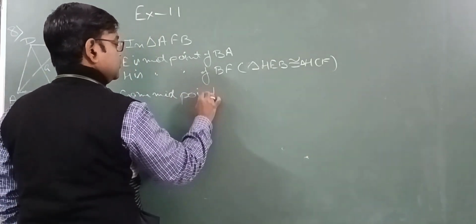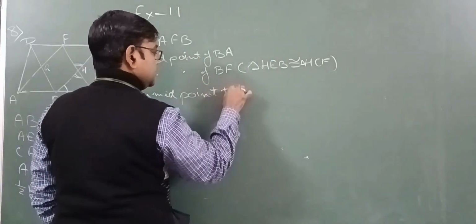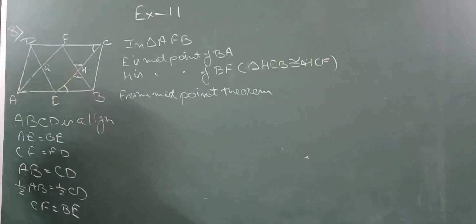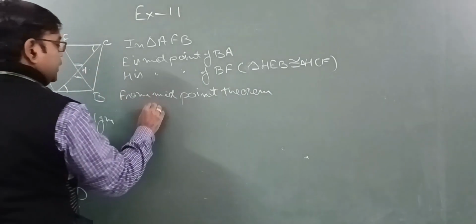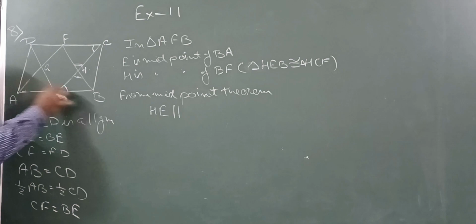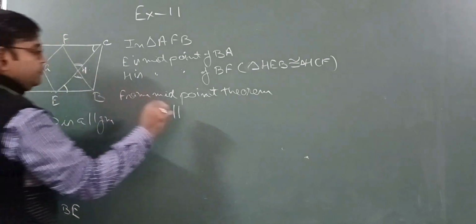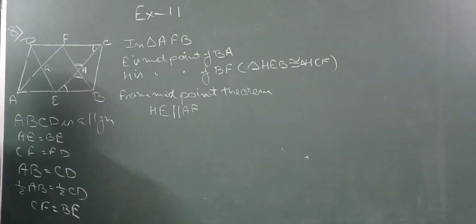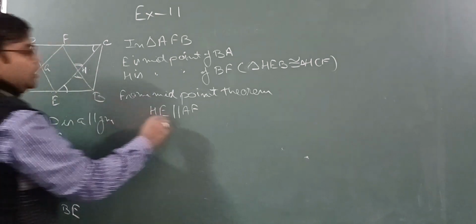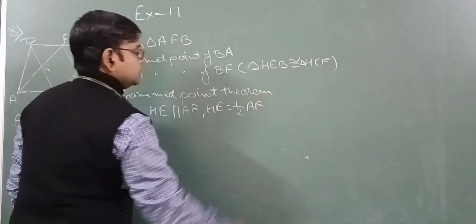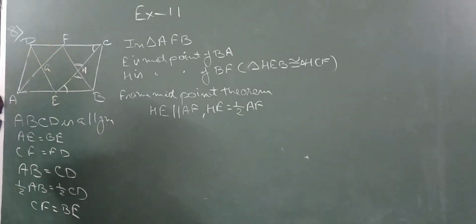So from the midpoint theorem, as we proved that these two are midpoints, it means HE is parallel to the third side AF, and if HE is parallel to AF, we can say that HE equals half of AF. That is the first thing from this triangle AFB.